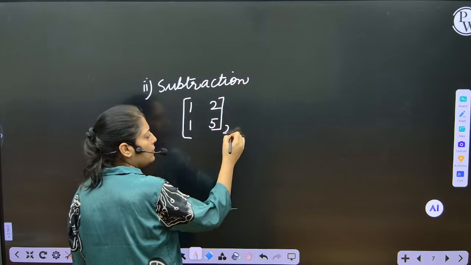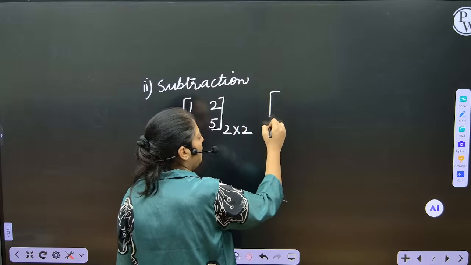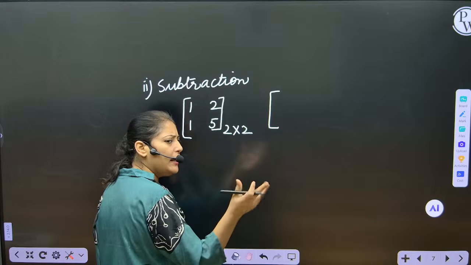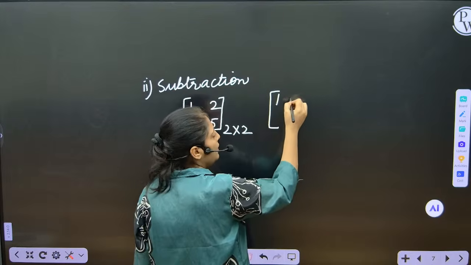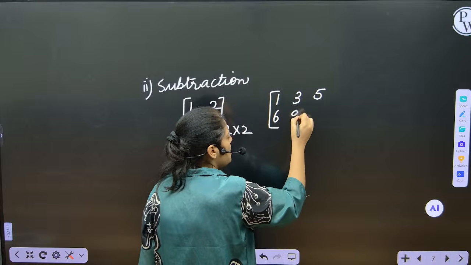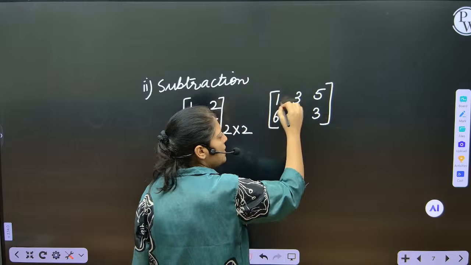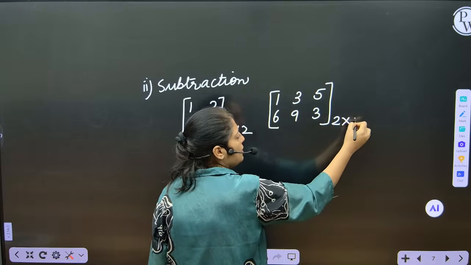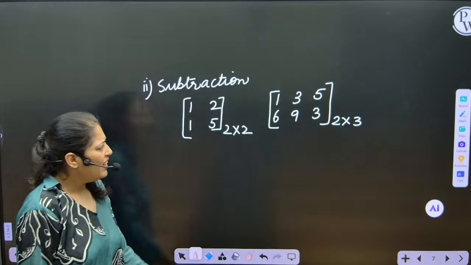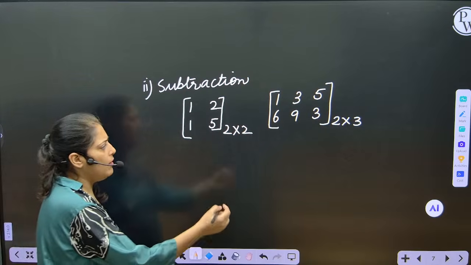The order is what? 2 cross 2. Okay, I'll take one example: 1, 3, 5, 6, 9, 3. The order is how many rows? 2 rows, 3 columns. Is subtraction possible?